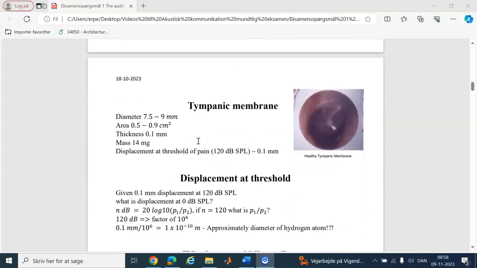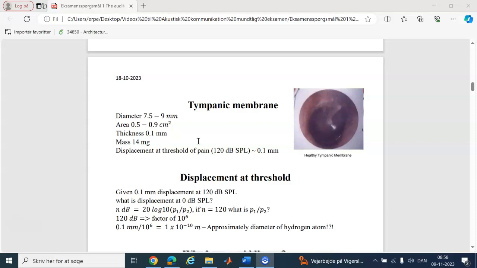Okay. The eardrum, or tympanic membrane, has a diameter of less than 10 millimeters, an area of less than 1 square centimeter, and a thickness of 0.1 millimeter.